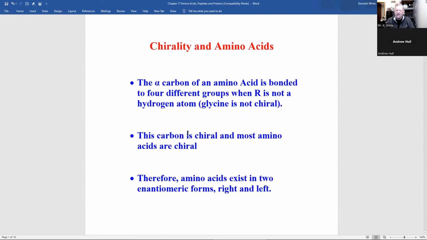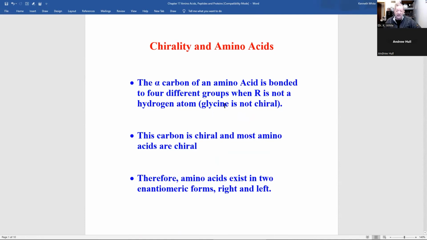Now, what did I teach you just recently about chirality of a chiral carbon? It has 4 different groups, 4 different atoms, or a combination of 4 different groups and atoms. And the alpha carbon of an amino acid is bonded to 4 different groups, you should know this, when R is not hydrogen; it can be anything else.